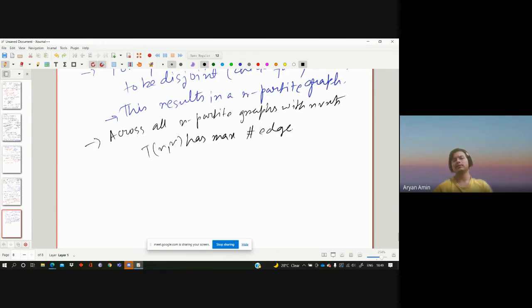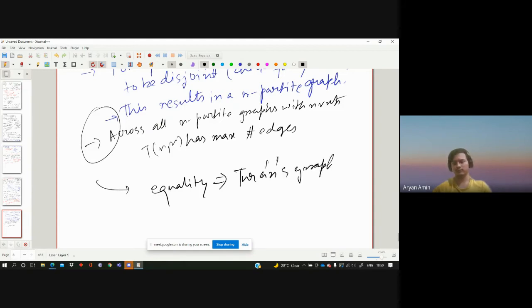So these two combine to tell you that equality implies Turan. So this is how you get the equality case.